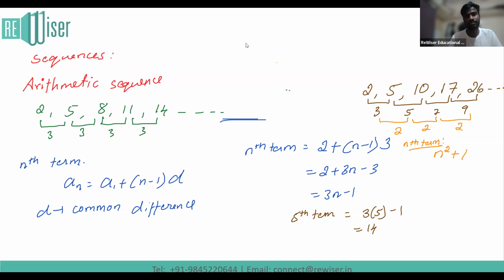And the next thing is proportions. There are 2 types of proportions: one is directly and another one is inversely proportional. Whenever we talk about directly proportional, both the variables will grow together, or both will increase together or decrease together.